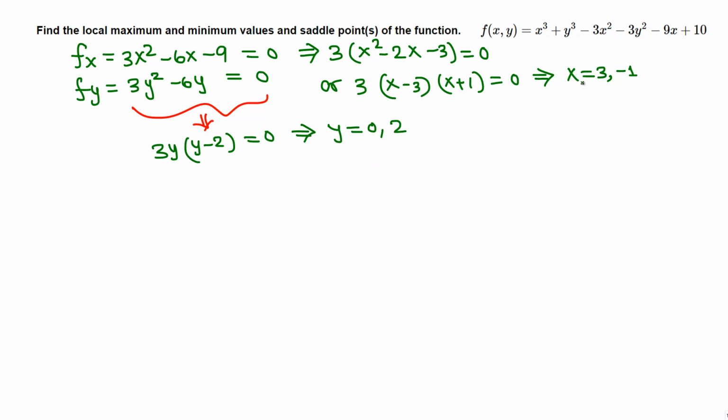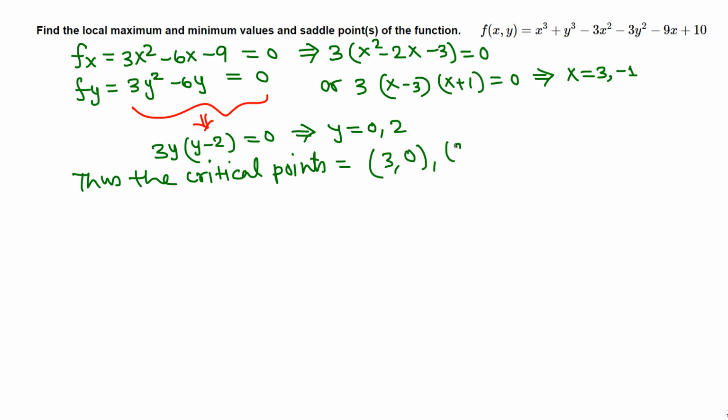That means we got (3, 0), (3, 2), (negative 1, 0), (negative 1, 2), 4 critical points, because this y is not based on any of these x values. We found them independently. Thus the critical points are: take x equals 3, and we have two different y values, (3, 0) and (3, 2). Now we take x equals negative 1, so (negative 1, 0) and (negative 1, 2).